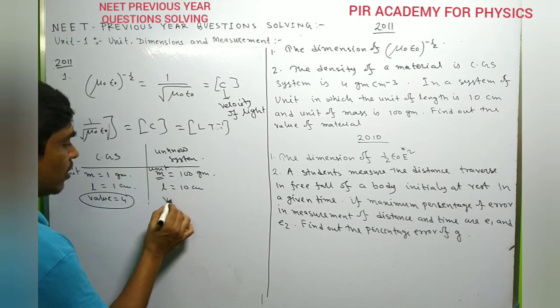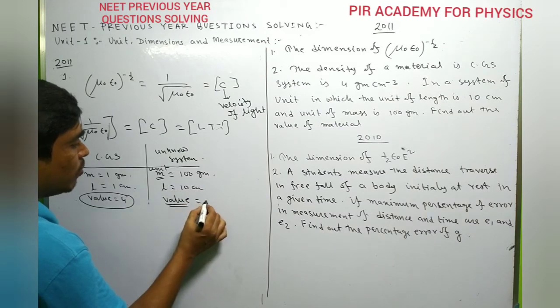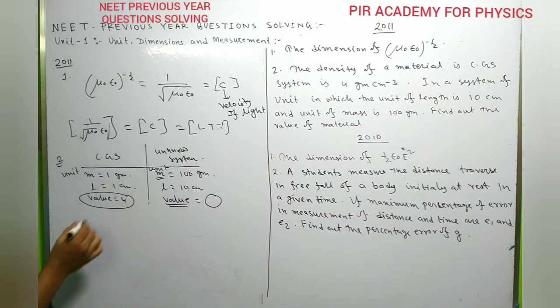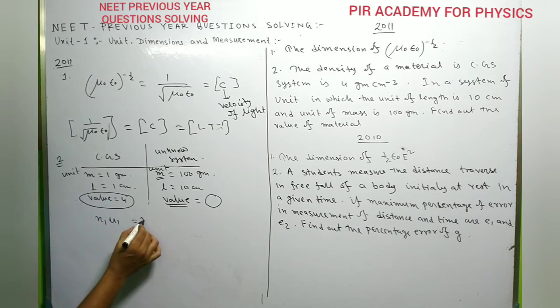And here you have to calculate the value in this unit system. What will be the value? Always n1 u1 must be n2 u2. This is the equation.